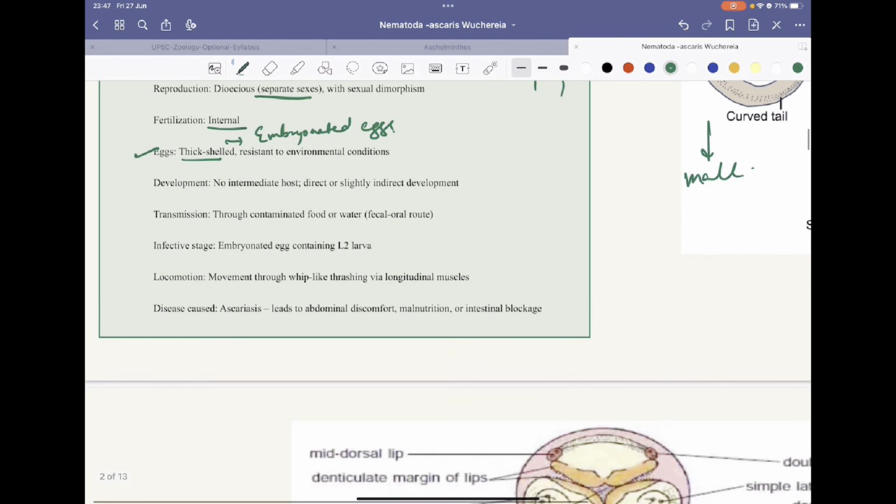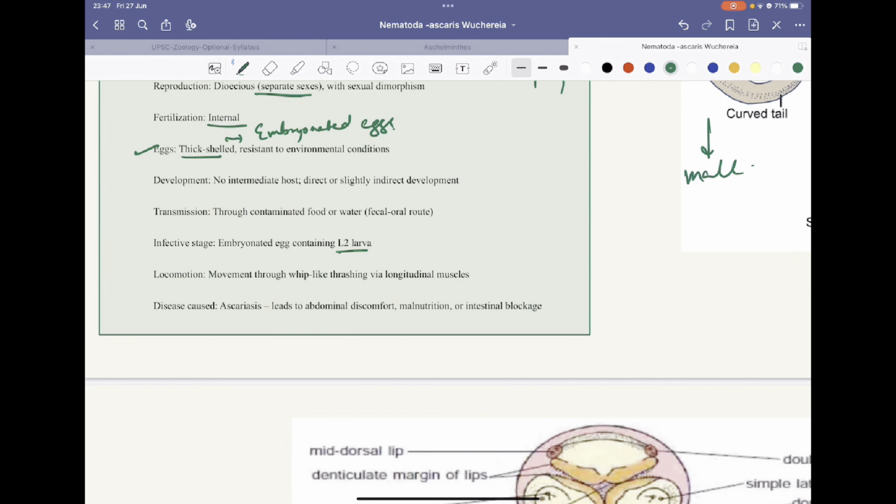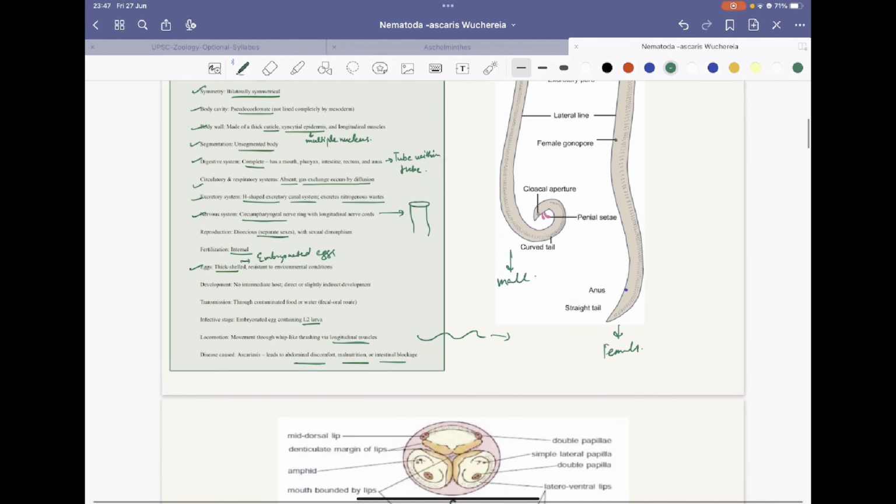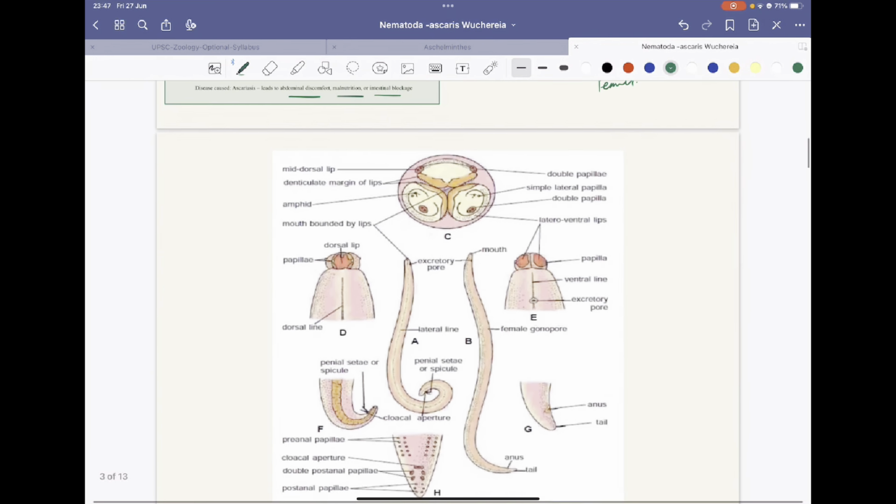Infective stage is the second juvenile stage, that is the second larval stage, and locomotion is through whip-like motion via the longitudinal muscle. The disease caused is ascariasis. It leads to abdominal discomfort, malnutrition or intestinal blockage too. So these are some of the general features.